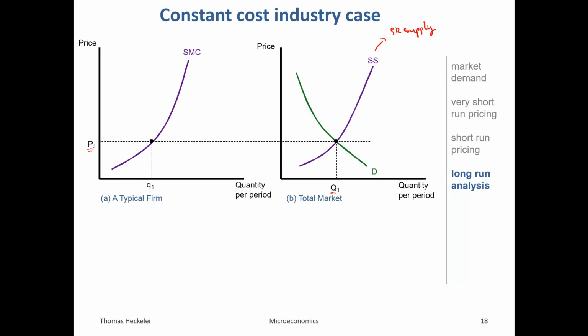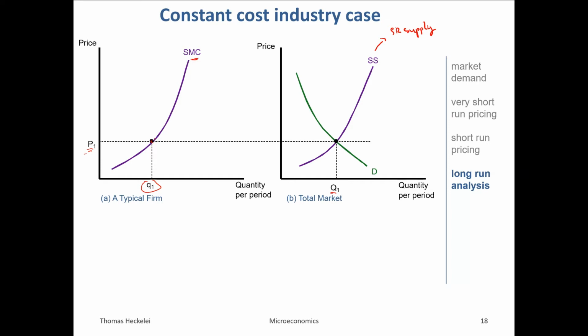And at that price, firms use the short run marginal cost curve to determine its output quantity, small q1, where market price and short run marginal cost are the same. So that's what we know already.